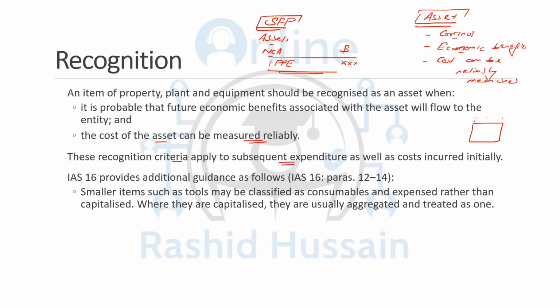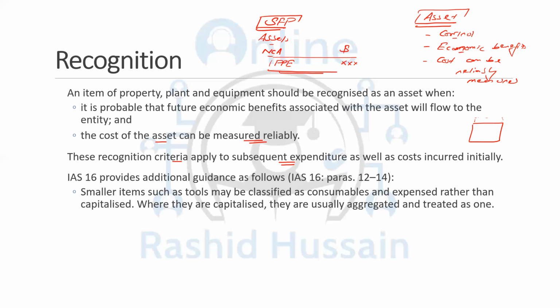So that means you initially bought the building or you initially constructed the building. That was the initial expenditure on it, and it did meet the criteria at that time. And now you have constructed another floor on it, and it also meets the criteria of the asset. So you are going to capitalize that expenditure as well.